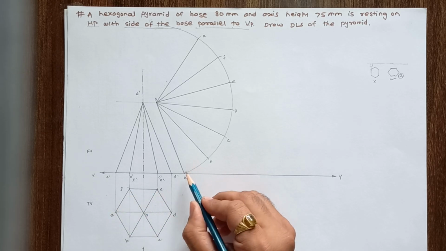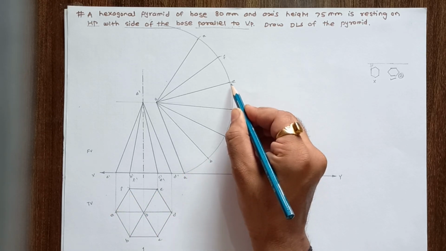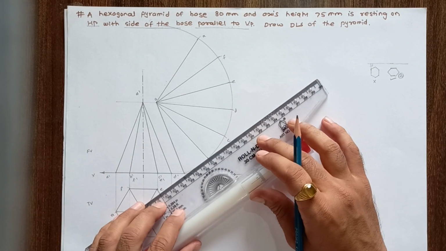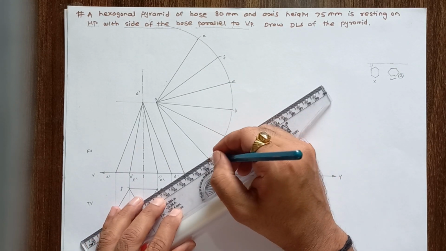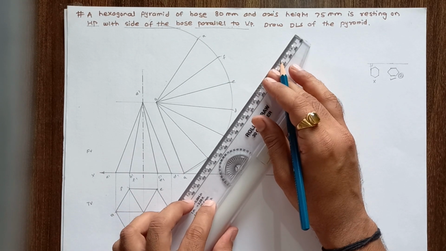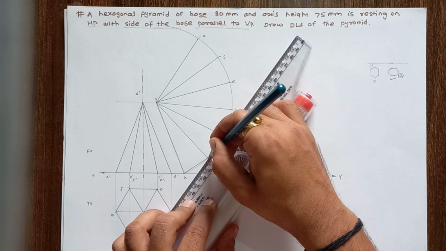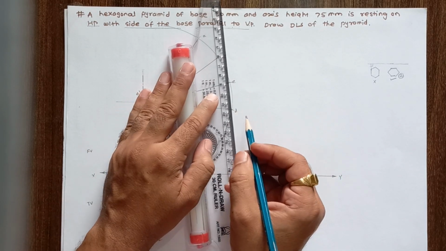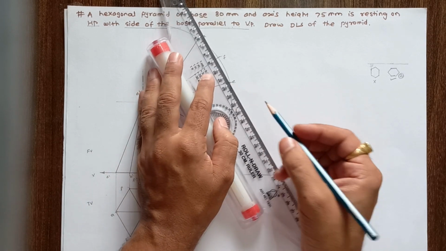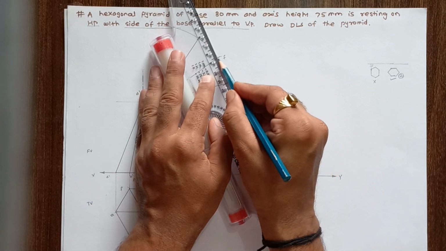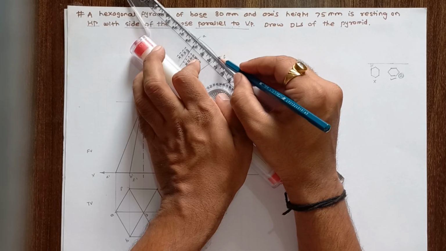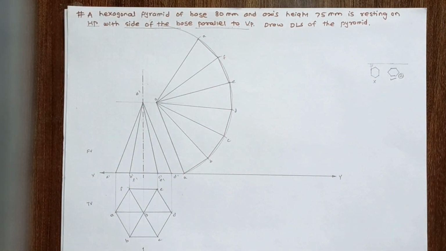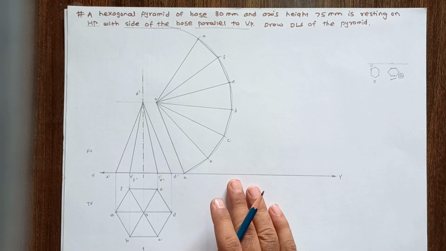These are the straight lines. So join AB, BC, CD, EF, FA by using a straight line. This is the development of hexagonal pyramid.